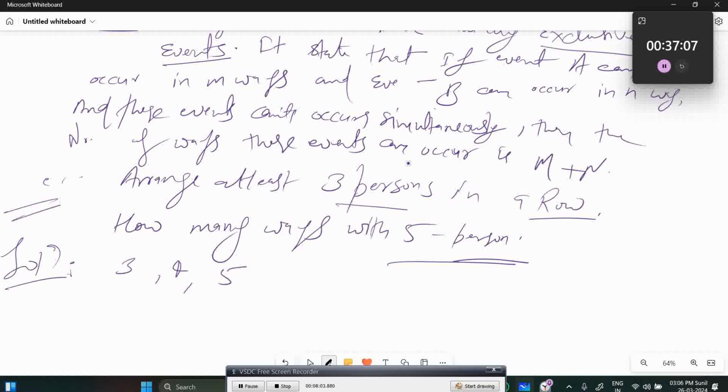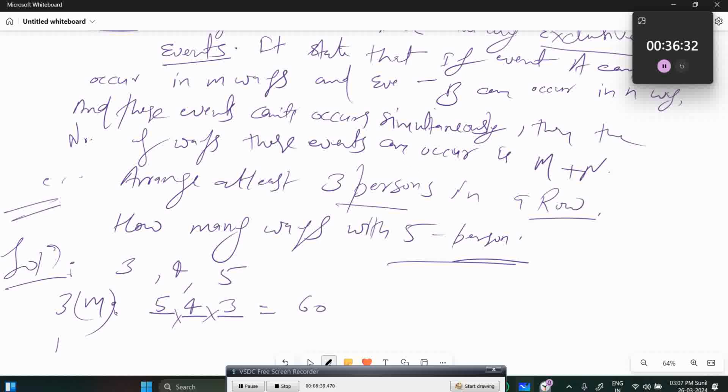Let's say m is the number of ways to arrange 3 letters. There are three places. For one place we have five ways, for the second we have 4 ways, and for the third we have 3 ways. We multiply them and it becomes 60. So if we want to arrange 3 letters out of 5 in a row, there are 60 ways.